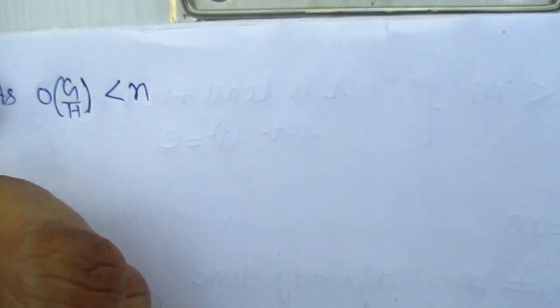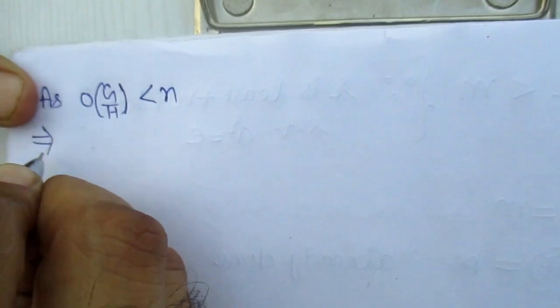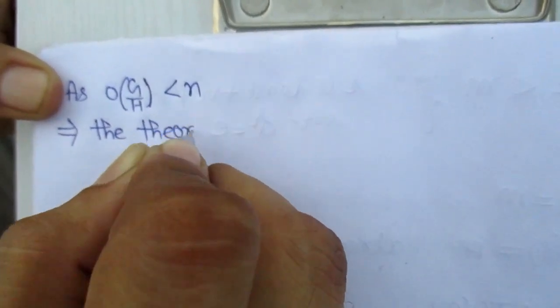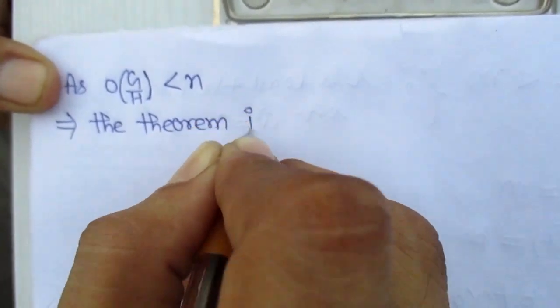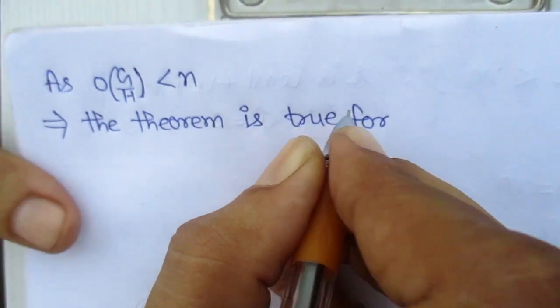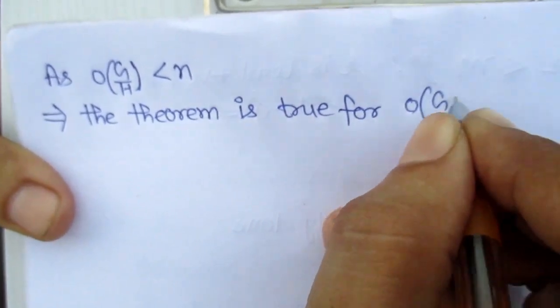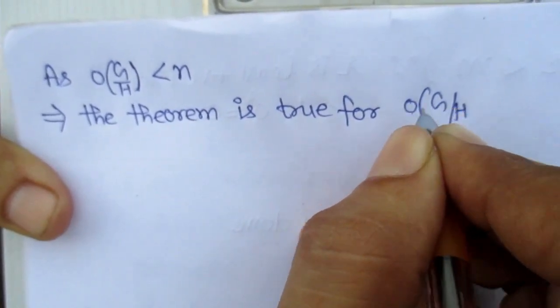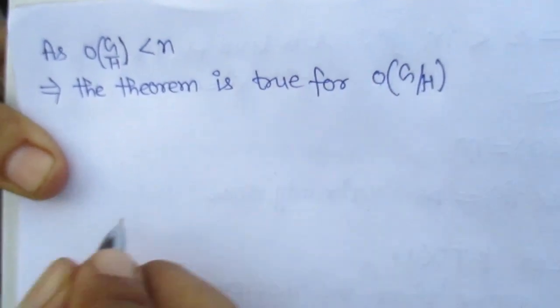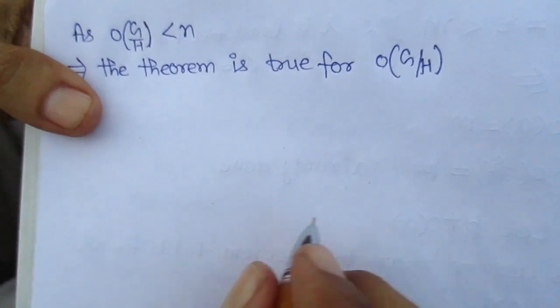As order of G by H is less than n, it means the theorem is true for G by H whose order is less than n.